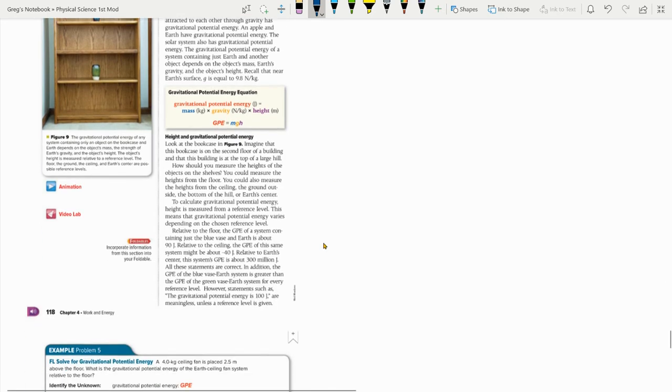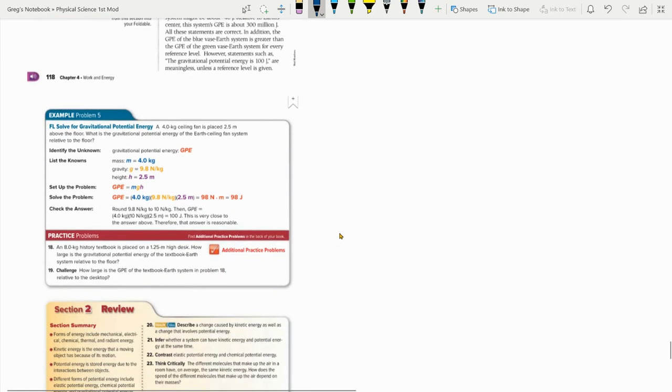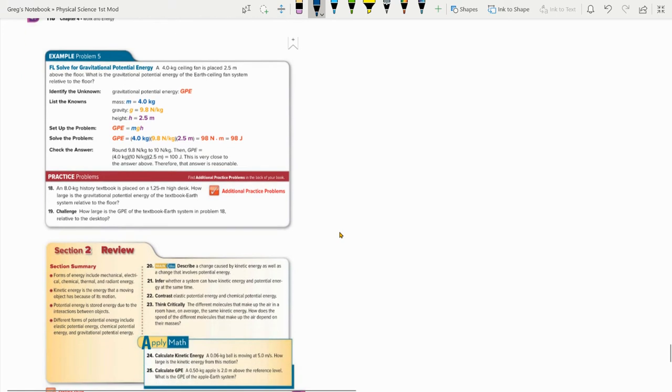GPE equals mass times gravity times height. Gravity is always 9.8 meters per second squared on Earth. So GPE equals mass times height times gravity.